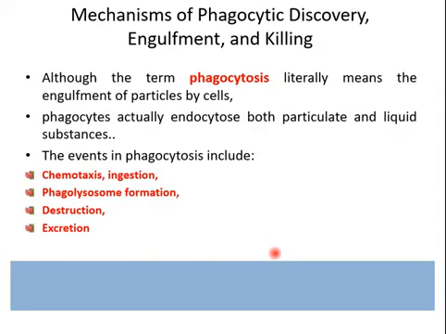The phagocytes endocytose both particles and liquid substances, and this process has events including chemotaxis, ingestion, phagolysosome formation, destruction, and excretion. I think you know all of these steps from before when I described them.